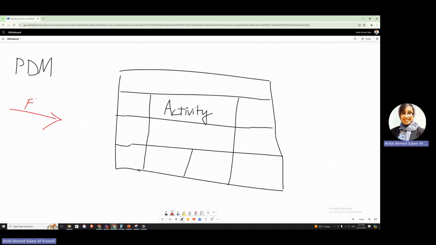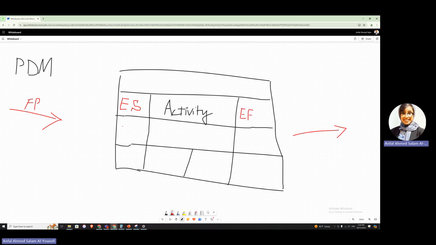Forward pass means that it goes from start towards the end. You are going to start this activity very early, meaning it is early start. If you started this activity early, you are going to finish it early, so it will be early finish.